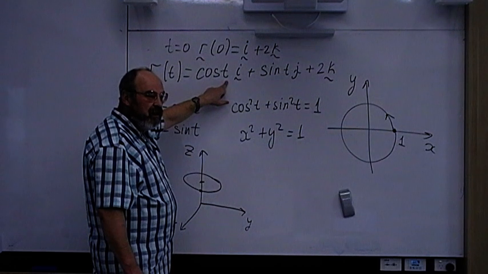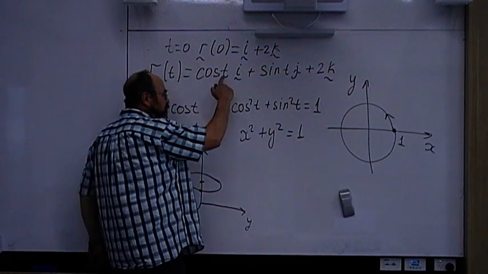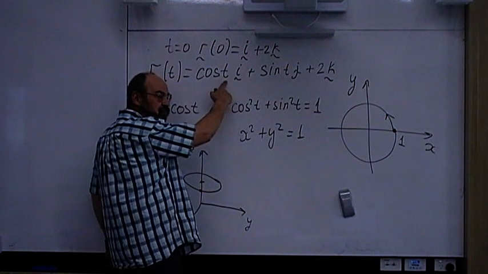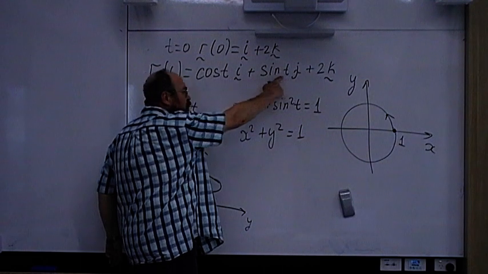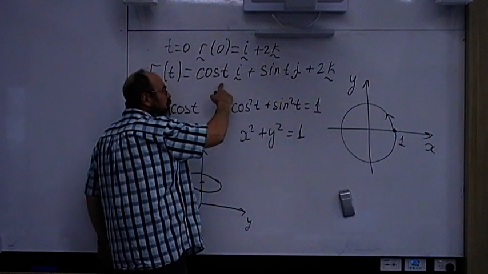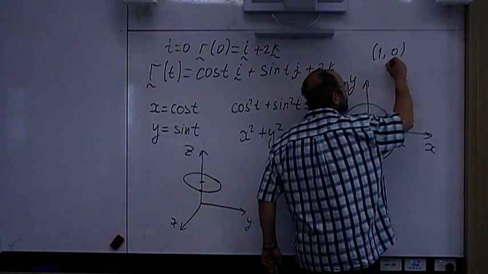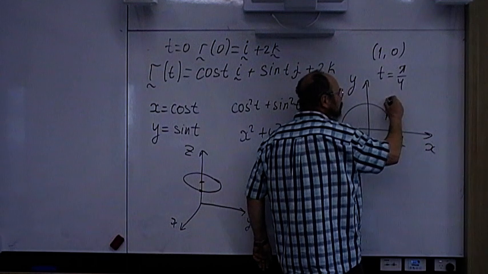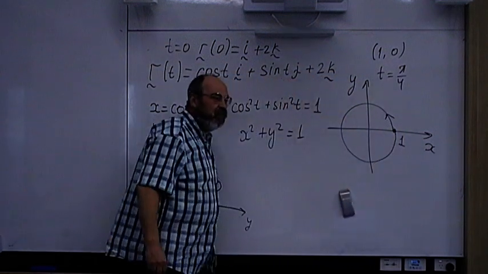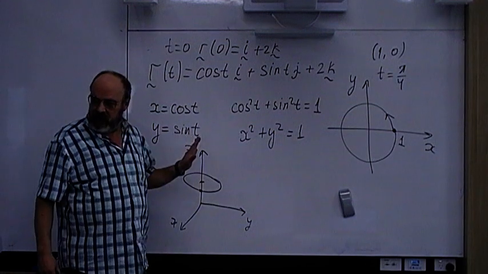So if you substitute, let's say, pi over 4, like a unit circle, we will get root 2 over 2. The starting position was 1, 0. When time equals pi over 4, the position will be root 2 over 2. Make sense, this example?